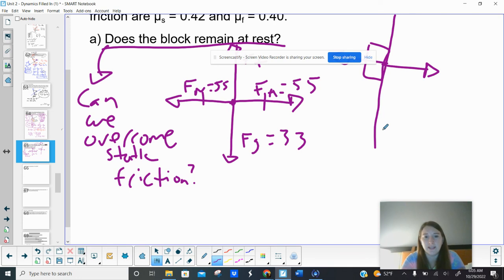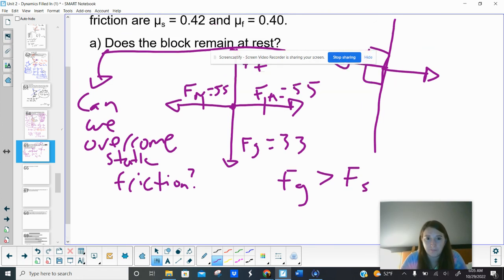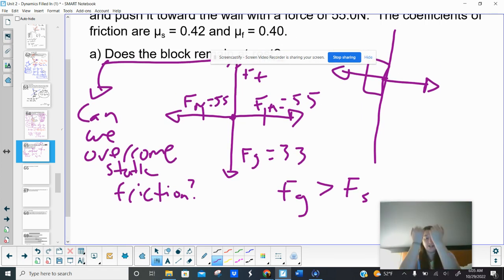So basically what we need to see is if Fg is going to be greater than the force of static friction. If Fg is greater than the force of static friction, the block is actually going to slip. If not, that means you're pressing hard enough and the block will stay in place.